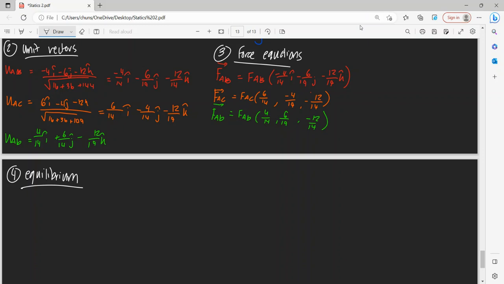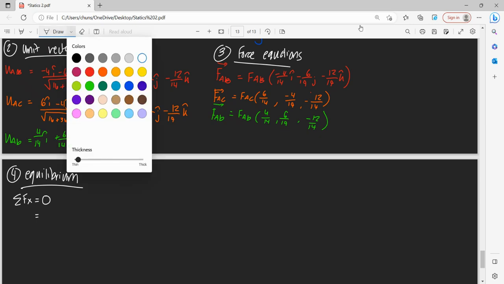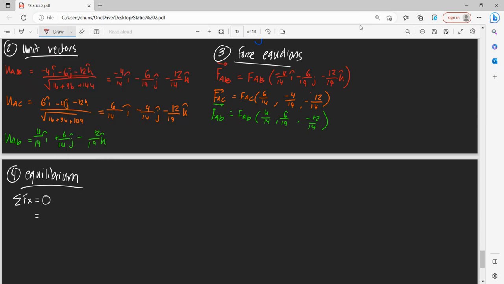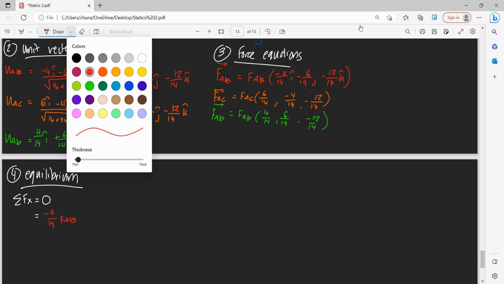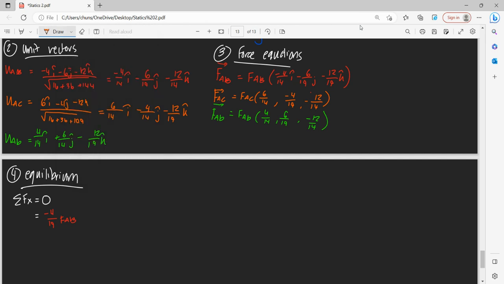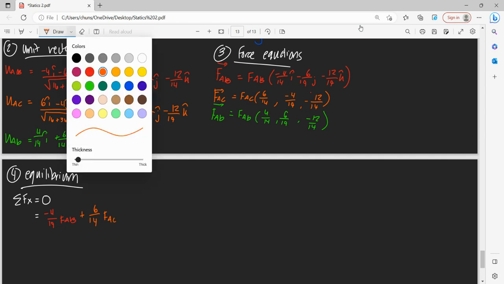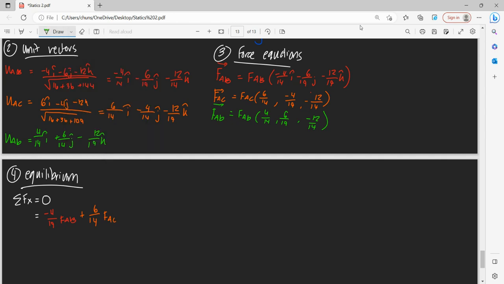All right, so our sum of our Fx is equal to 0. So then we're going to take negative 4 over 14 FAB, plus 6 over 14 FAC. So basically we're just taking each separate component. And that's plus 4 over 14 FAD.